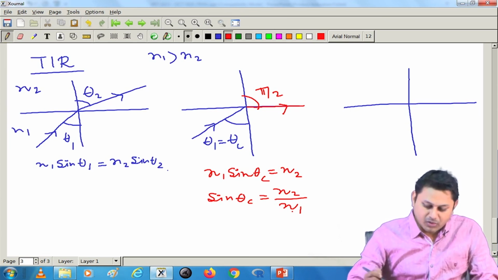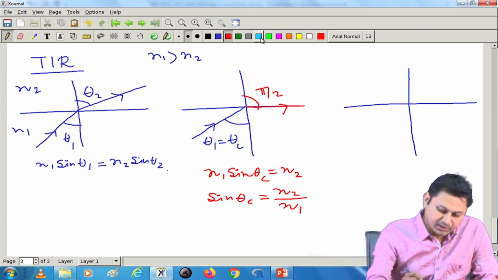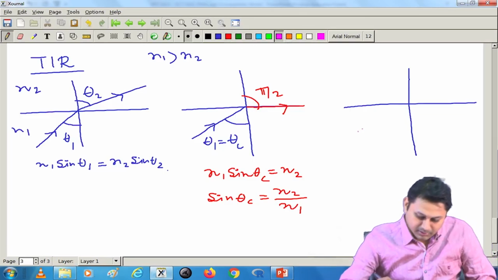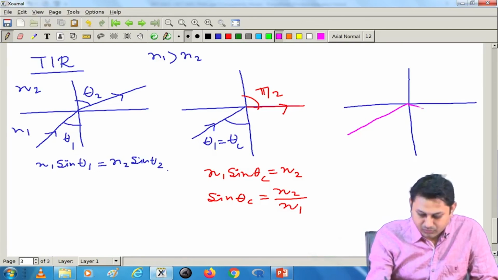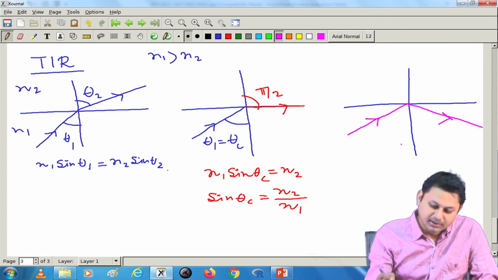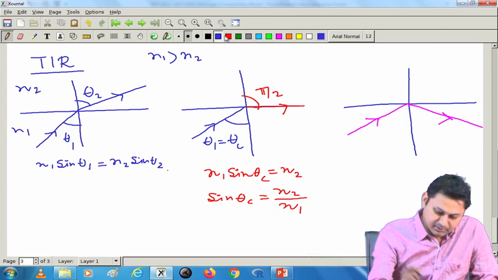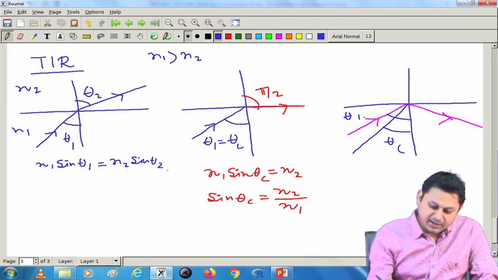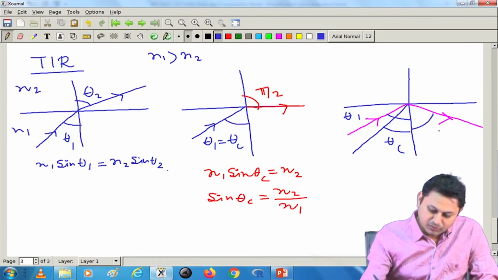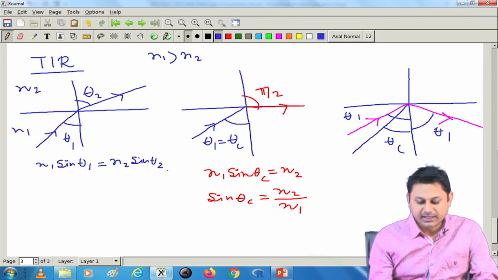And now if I launch the light at more than the critical angle, then this ray will be reflected back, and this is the phenomenon called total internal reflection. So, this is my theta c, and I launch the light with an incident angle theta 1 that is greater than theta c, and this angle will be now theta 1 as well, because it behaves like a reflection.